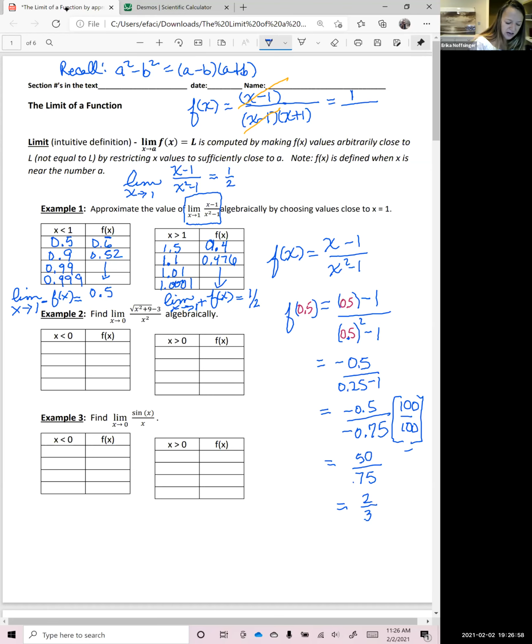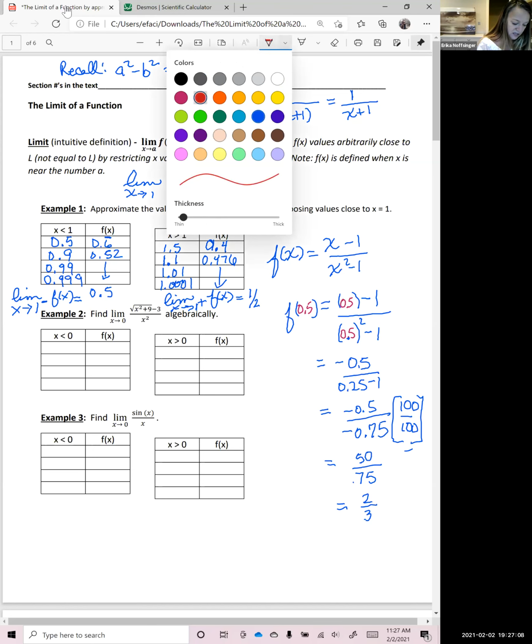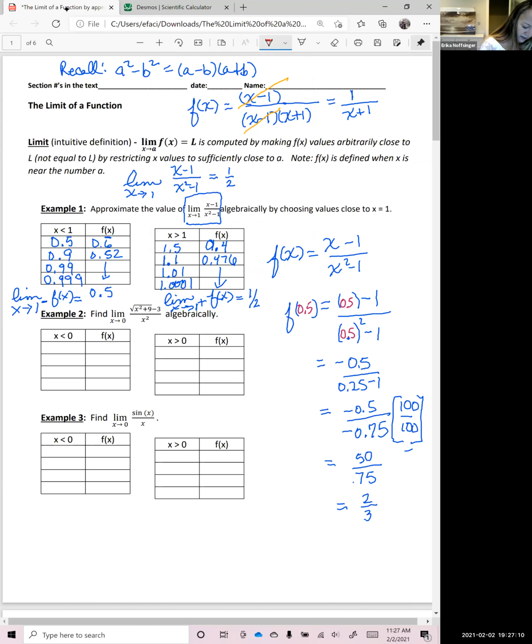And then in the denominator, we have x plus 1. Okay, so it's important to know that x equals 1 is not in our domain of f of x.